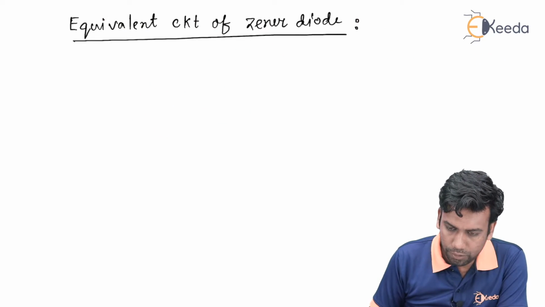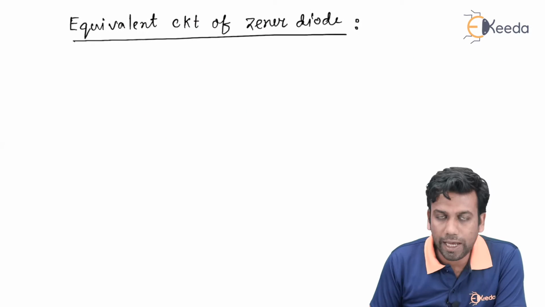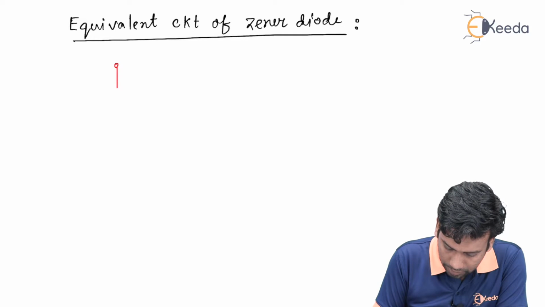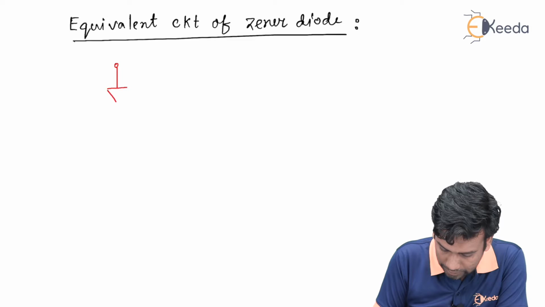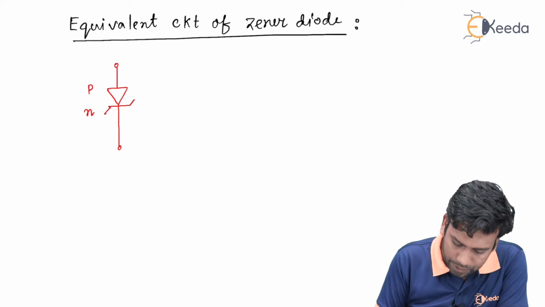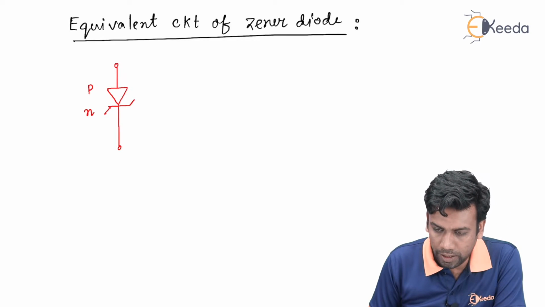As we know, the Zener symbol in circuit operation looks like this one, where this is the N side and this is the P side.